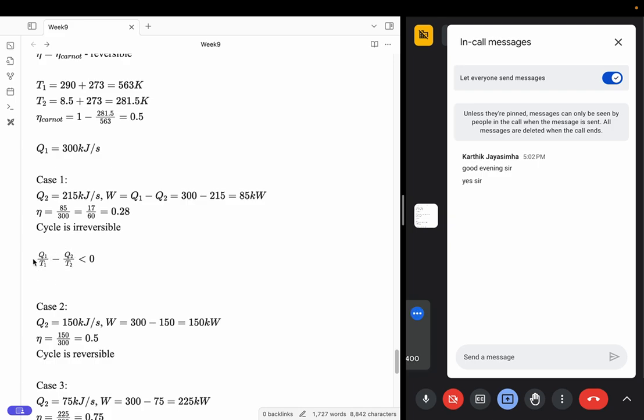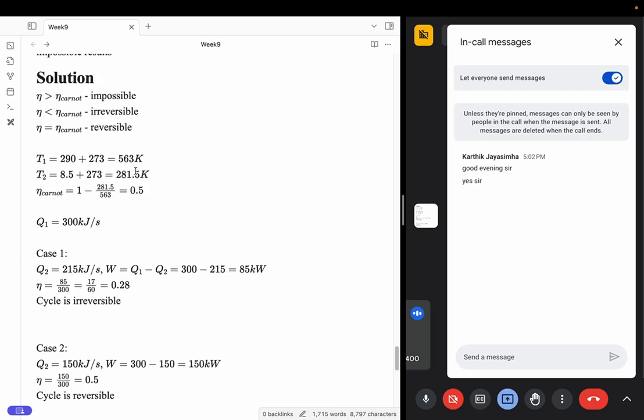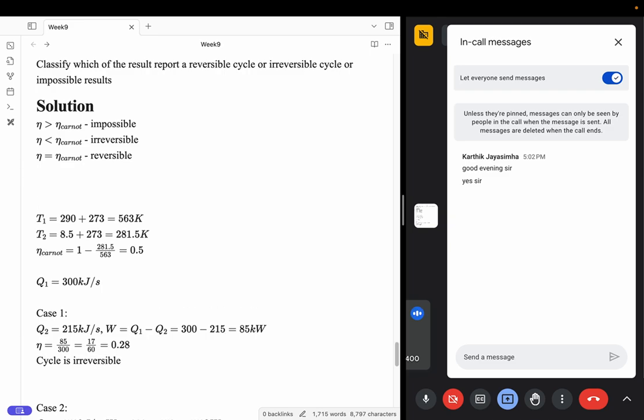If you see the relations, this eventually comes out to be your efficiency. You take the Q1 out, and you can write this equation in terms of efficiency eventually, like your efficiency is 1 minus T2 by T1. You can try this out later and see what results you get. I'm just putting it here so you can refer.